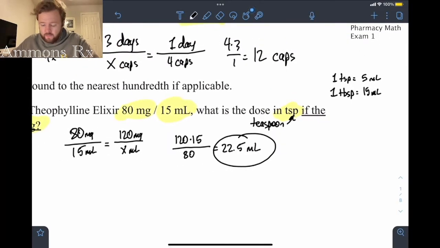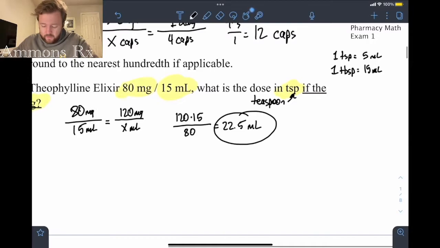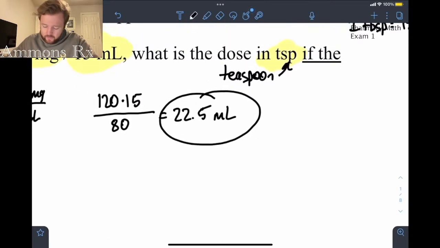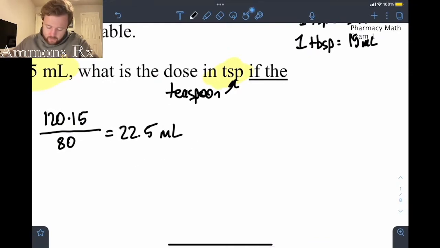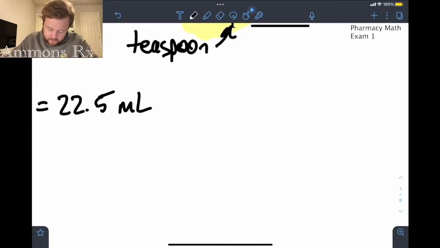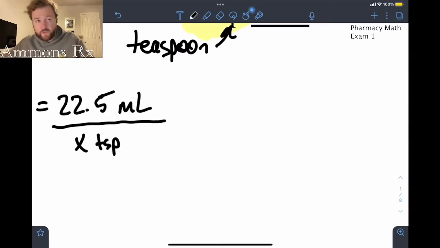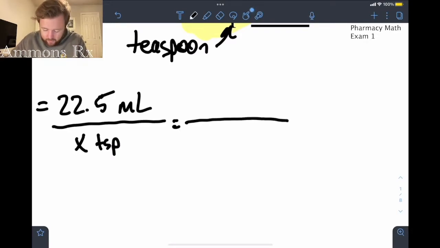But wait, that is not the answer because that's in mils. It says, what is the dose in teaspoons? So we need to uncircle that and we need to ask ourselves how many teaspoons is 22.5 mils? Well, you guessed it, it's probably going to be a proportion. How many mils are in a teaspoon?